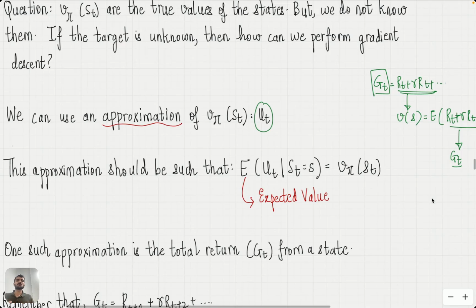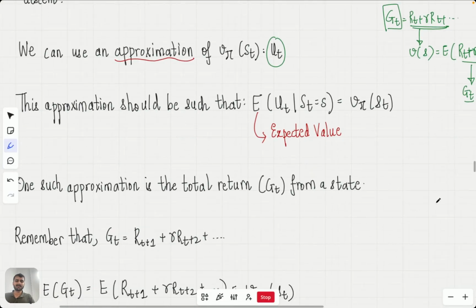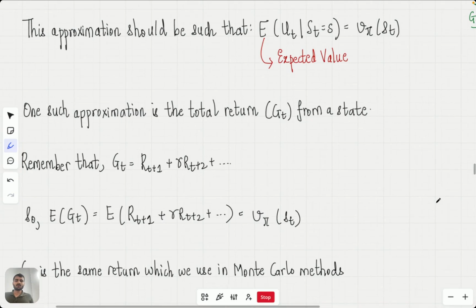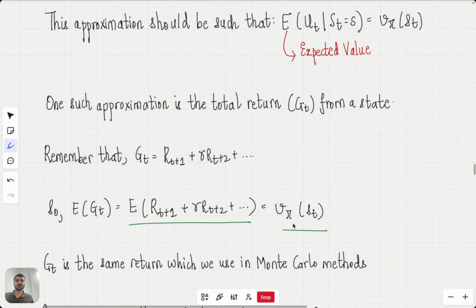I agree that it's not the same as the true value of the state, but we have to take this return multiple times, and then it will approximate the true value. In other words, the expected value of this return is going to match the true value of the state.